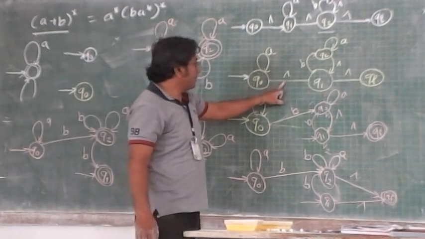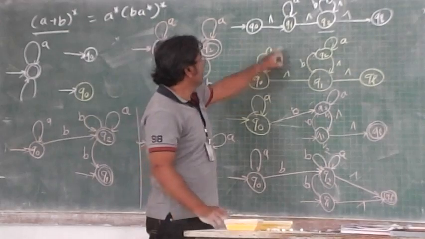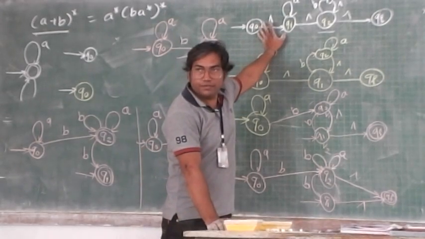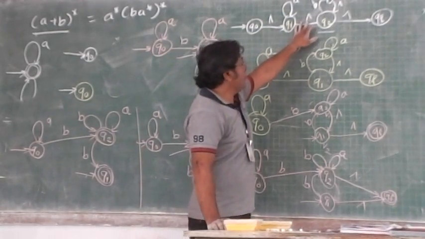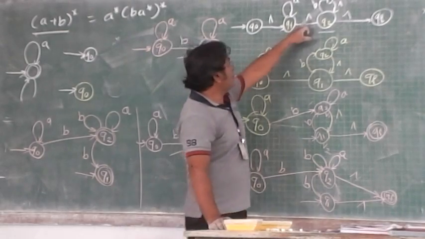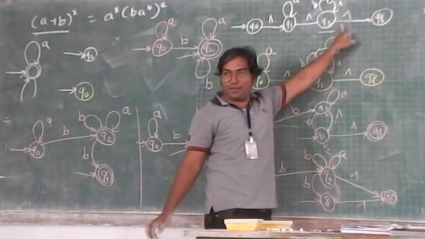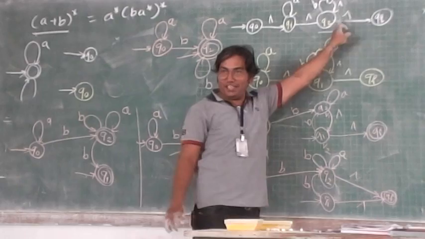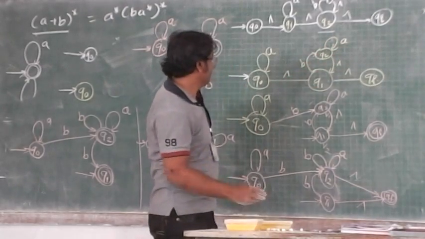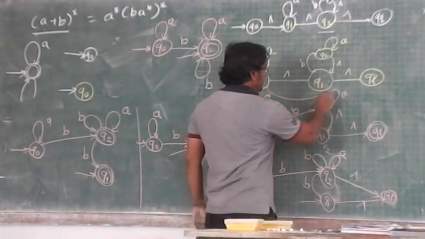Here when we remove this null, the outgoing transition, this null we are not copying. हे null सुद्धा कॉपी करायला पाहिजे होता. So one more null here comes.